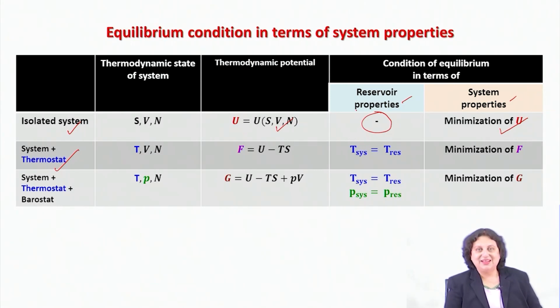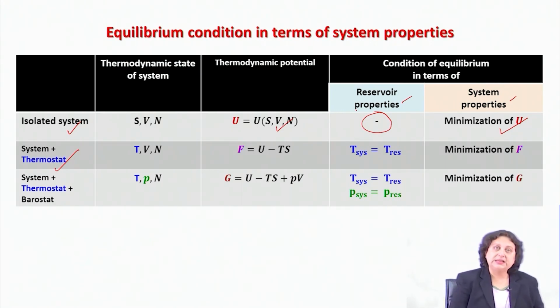That is because in an isolated system, it is not interacting with any reservoir. Therefore, when I am talking about equilibrium in an isolated system, there is no question of mentioning the reservoir property. Now, when I talk about this system plus thermostat situation, what kind of reservoir do I have? I have a temperature reservoir.